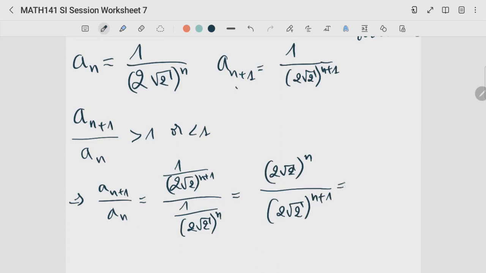Now, right away you can see that 2 root 2 to the n is a common factor between the numerator and the denominator. So if we simplify that, we'll have 1 left in the numerator divided by 2 root 2 to the 1. Because remember, this is just 2 root 2 to the n times 2 root 2 to the 1. And since 2 root 2 to the n cancels with that, we are left with 2 root 2 to the 1 there. So that's the final answer.